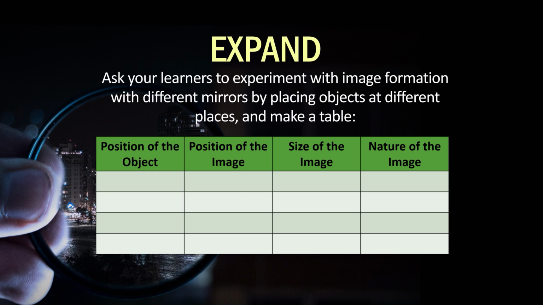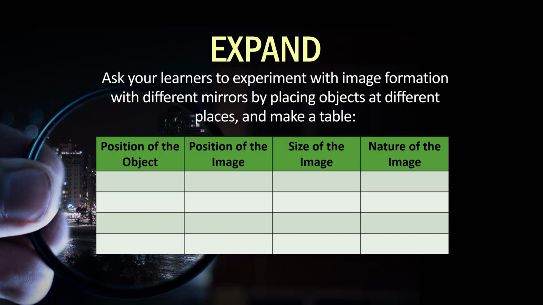If they are putting the object at different places, let them note where the image is formed. So the place of the image is also to be noticed. What is the size of the image: whether it is the exact size of the object, smaller than the object, or larger than the object, and whether it is a true, inverted image, or a false image.